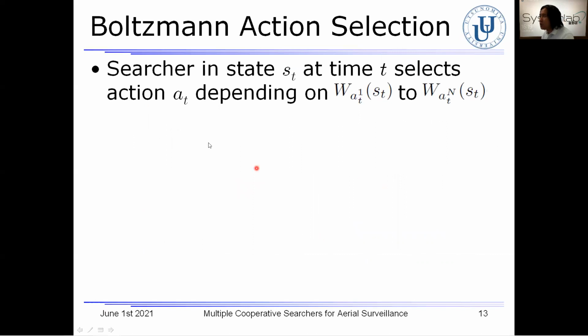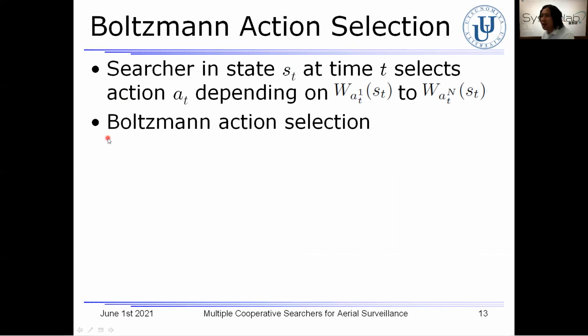In a state, the searcher probabilistically selects an action depending on the action weights. For this purpose, Boltzmann action selection is used. The searchers repeat the decision making until the end of the episode.